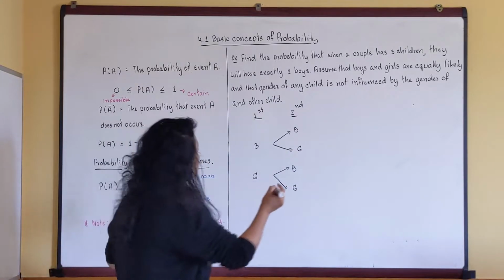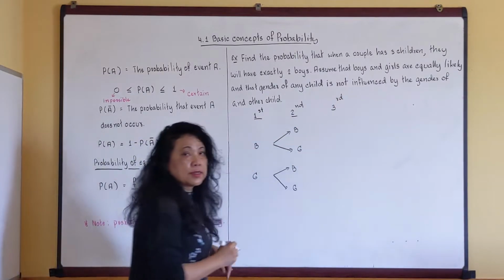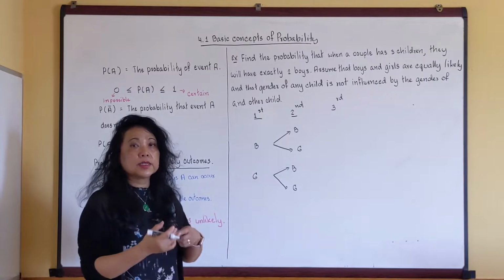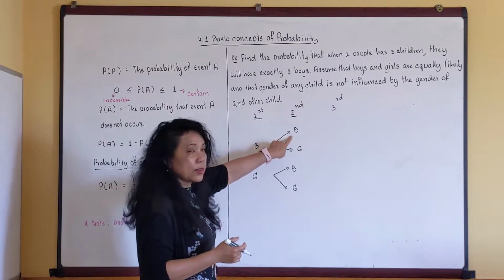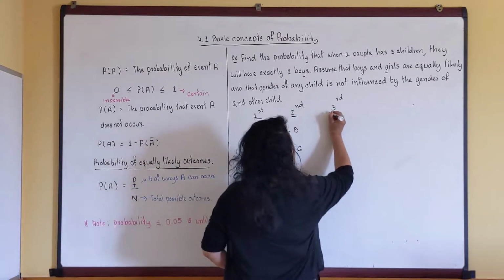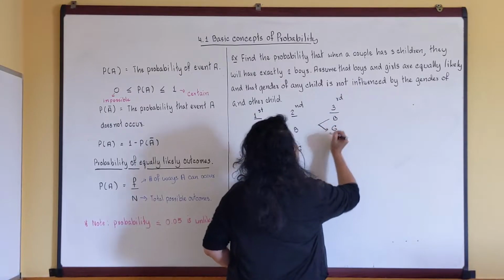Now they can have the third child. Regardless of the first and the second, the third is still going to be a boy or a girl. So let's say the first one is a boy, the second one is a boy, the third one can still be a boy or a girl.